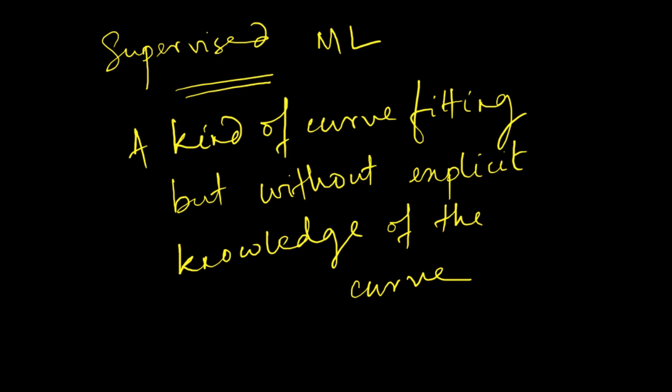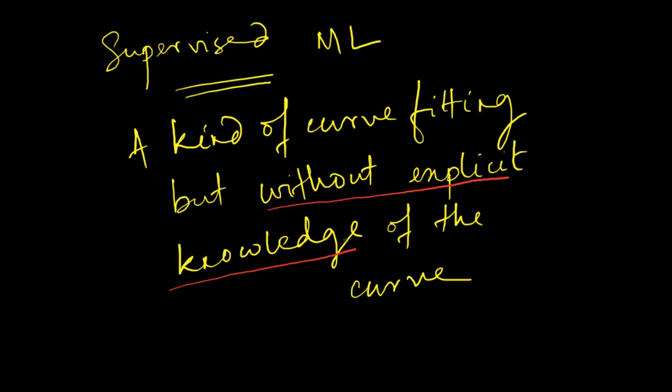So here the crucial phrase is without explicit knowledge of the curve. In usual curve fitting algorithms, where we do curve fitting with a linear, quadratic, or an exponential function, we exactly know what we are fitting the data with. But when it comes to supervised machine learning algorithms, we generally do not know.